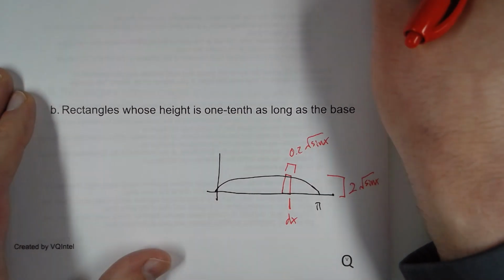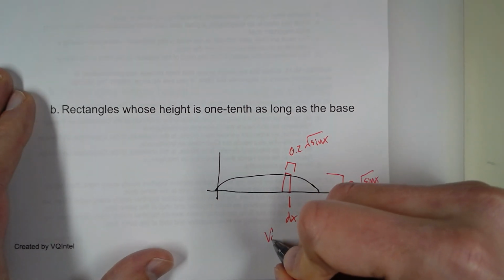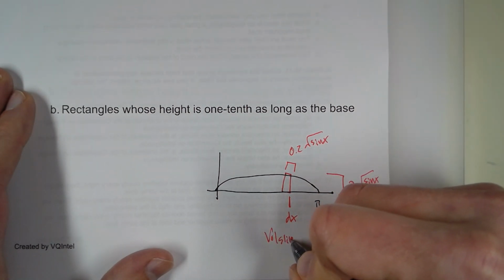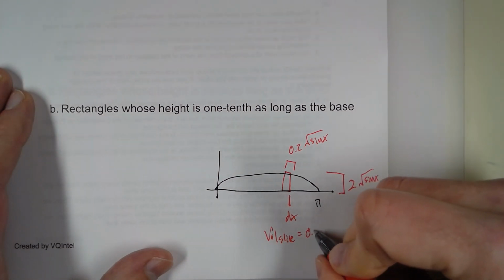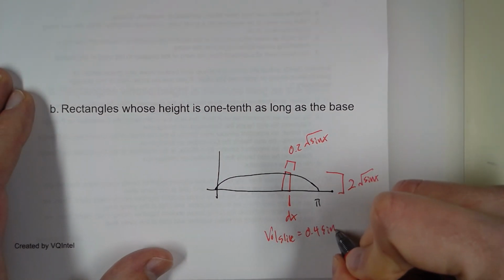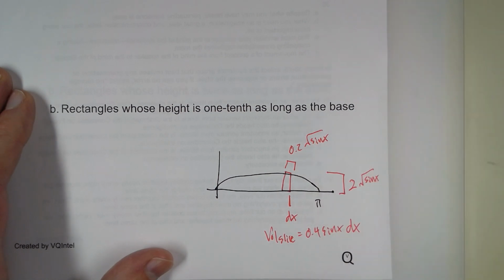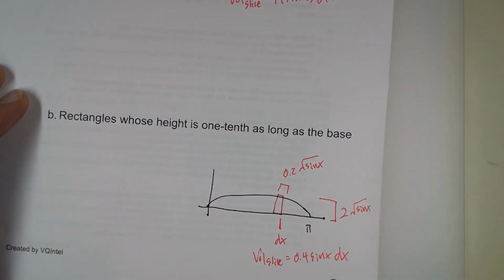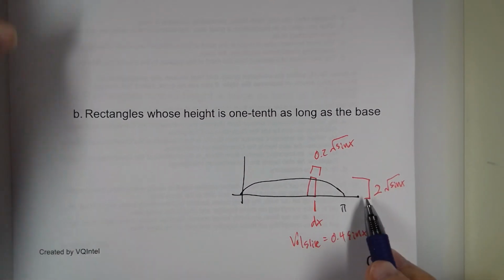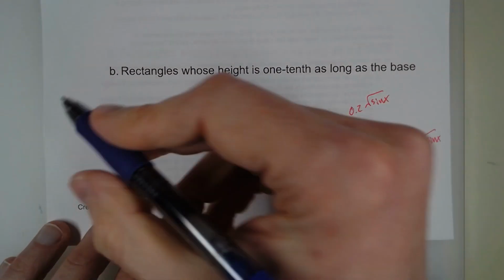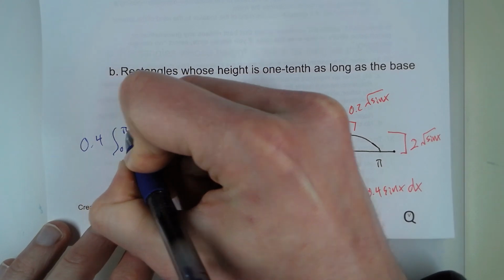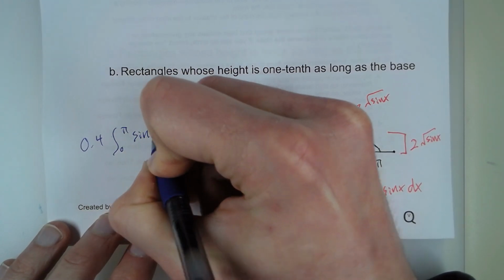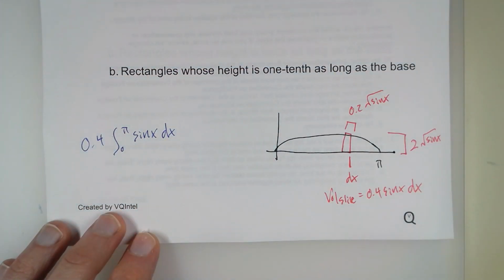So the volume of the slice equals 0.4 sine of x dx. And so we're adding up all these slices again from 0 to pi. So we have 0.4 times the integral from 0 to pi of sine of x dx.